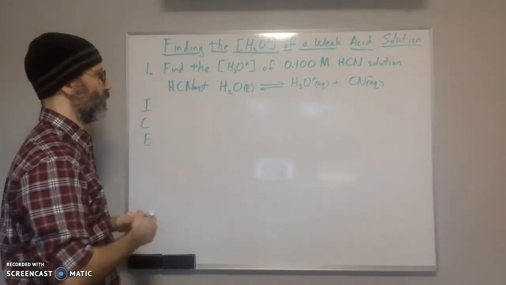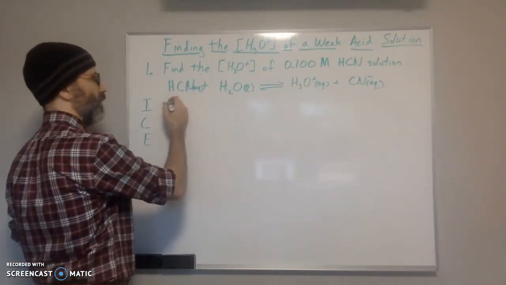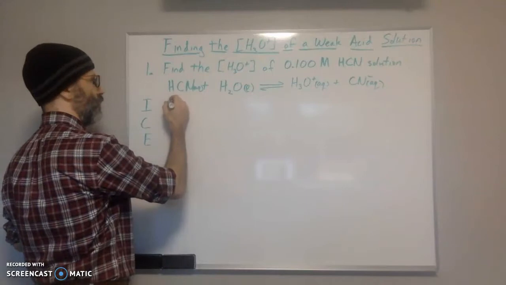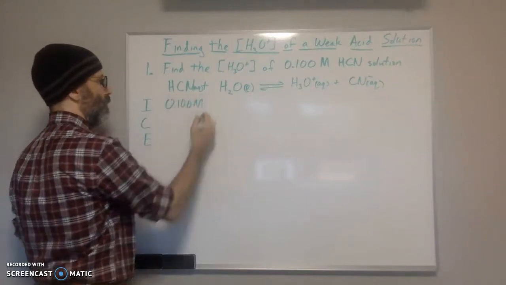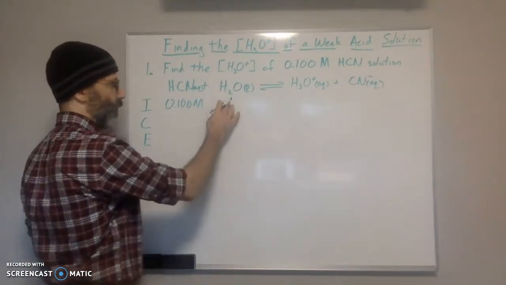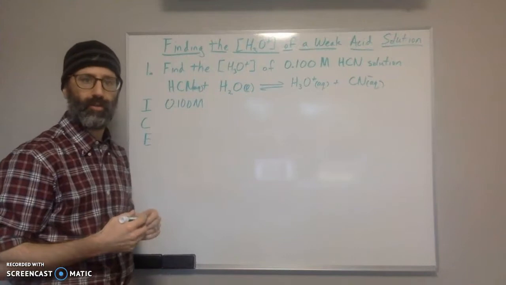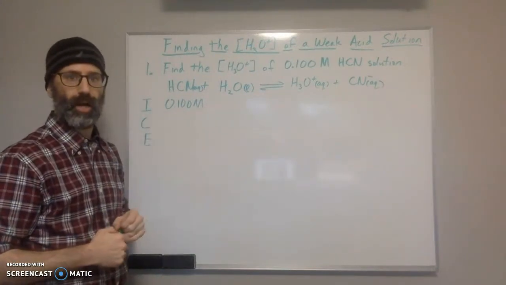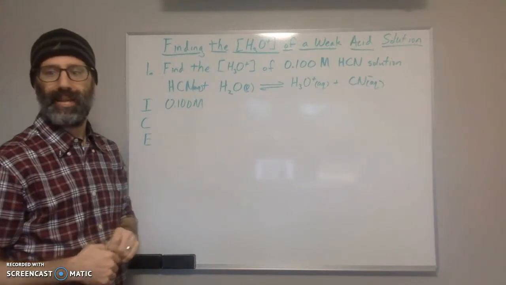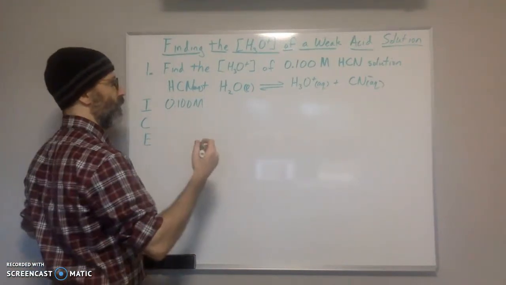So at first, the concentration of the HCN, the initial HCN, is 0.100 molar. And we're not really going to consider the water. The water is ubiquitous, or there's a lot of water there, so we're not going to look at the change in that. So water is not really going to be involved in this.